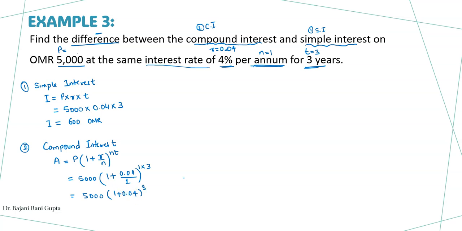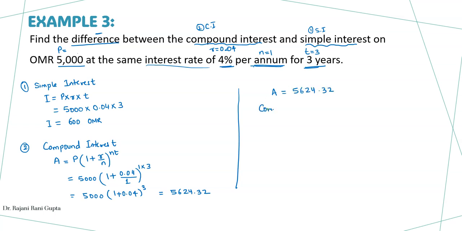Okay. So this gives you 5624.32. So what you have as the amount is 5624.32.